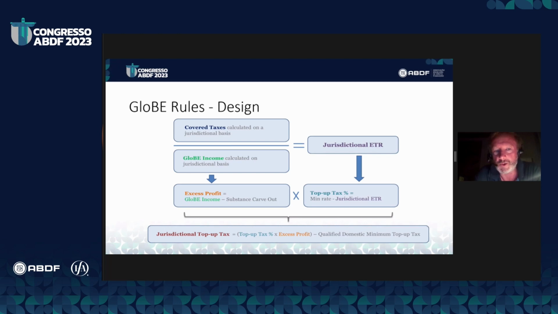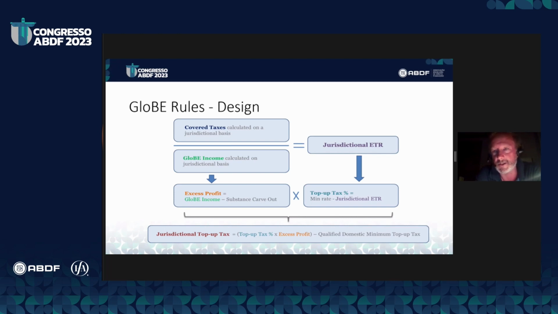Once you've got a jurisdictional ETR calculation, you then also need to work out, because the GloBE rules apply only to excess profit, there is a substance carve-out that applies. So you take the GloBE income and apply a substance carve-out, which is calculated by reference to assets in that jurisdiction or employees in that jurisdiction.